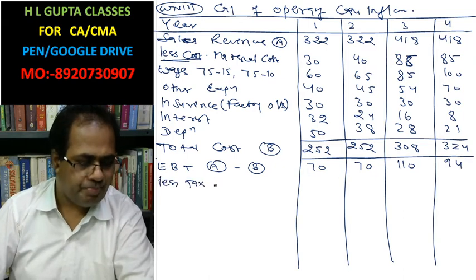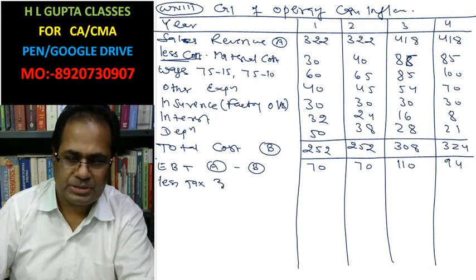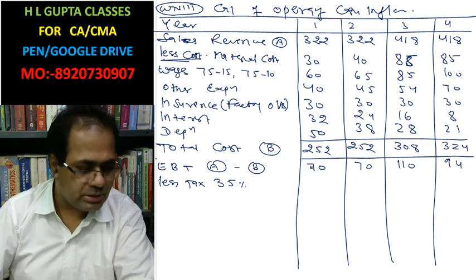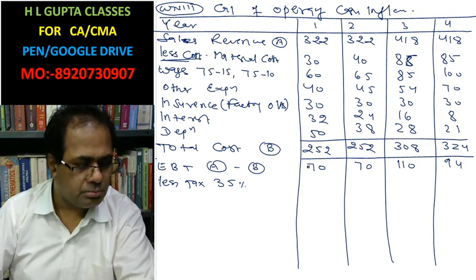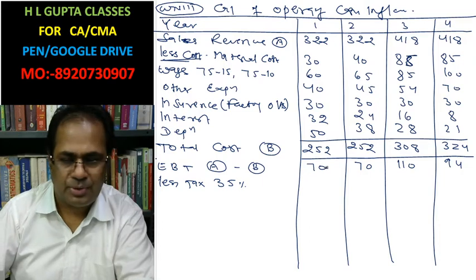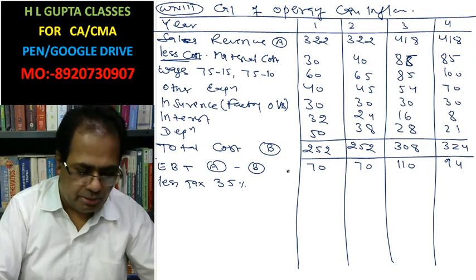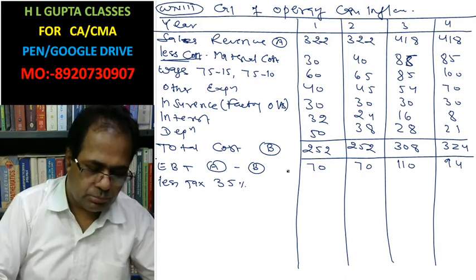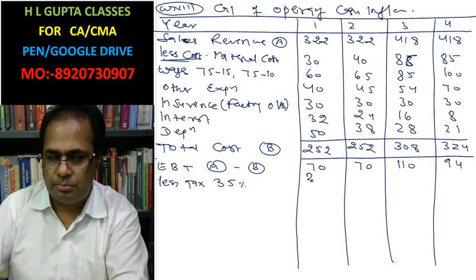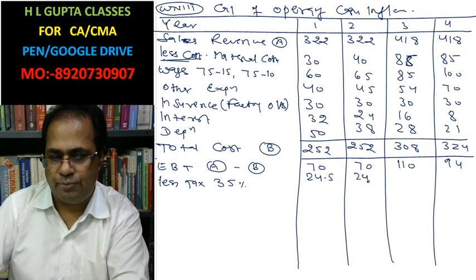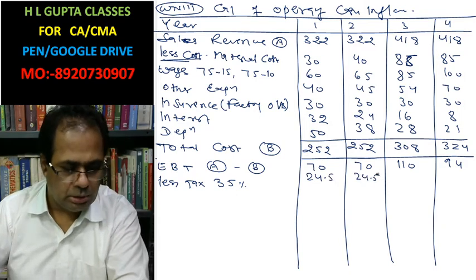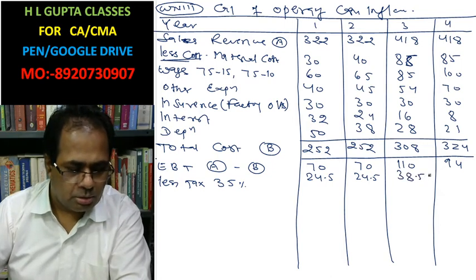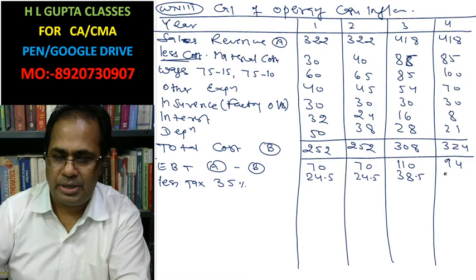Tax you have at 35%. 70 into 0.35 is 24.5. Tax: 24.5, 24.5, 38.5, 32.9.